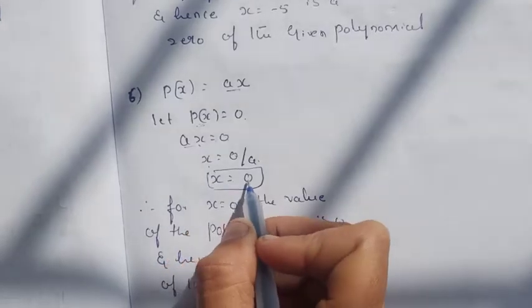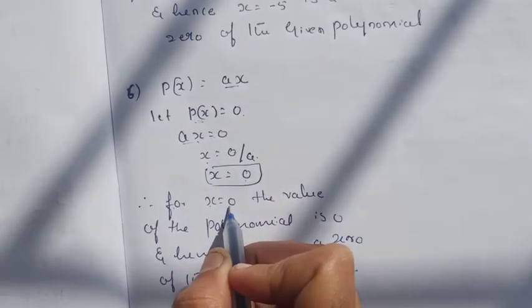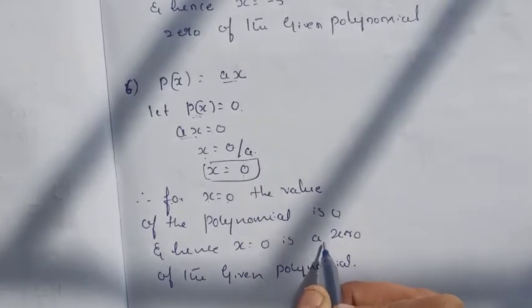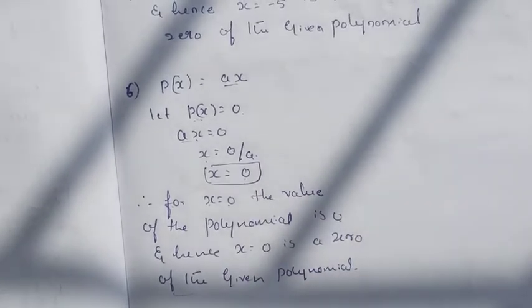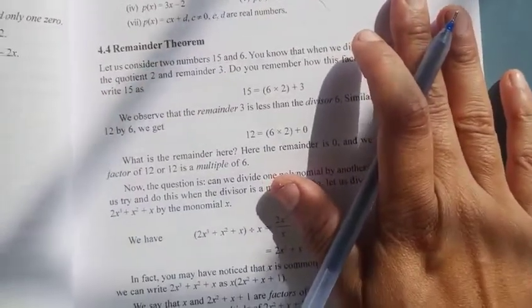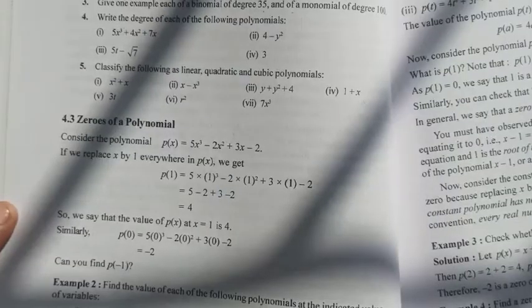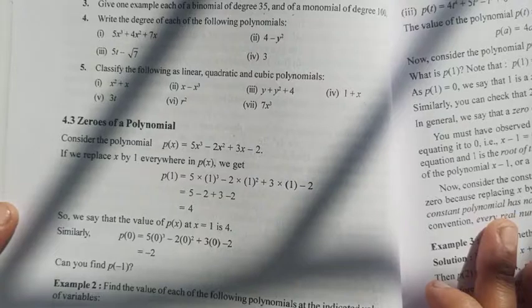So x equal to 0. For x equal to 0, the value of the polynomial is 0 and hence x equal to 0 is a 0 of the given polynomial. This is about exercise 4.2 solution. Left problems, do it yourself.